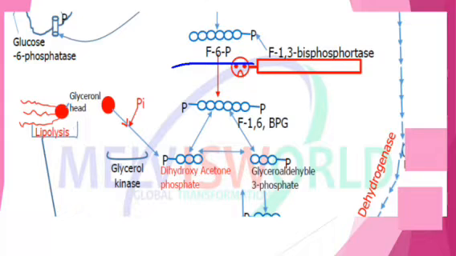Then one more phosphate group is added by a kinase enzyme to form fructose 1,6-bisphosphate, which is then cleaved into two by an aldolase to form dihydroxyacetone phosphate and glyceraldehyde 3-phosphate.